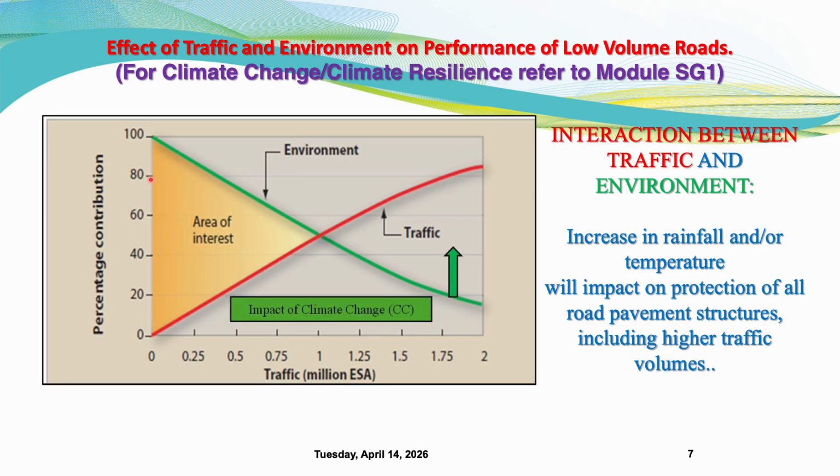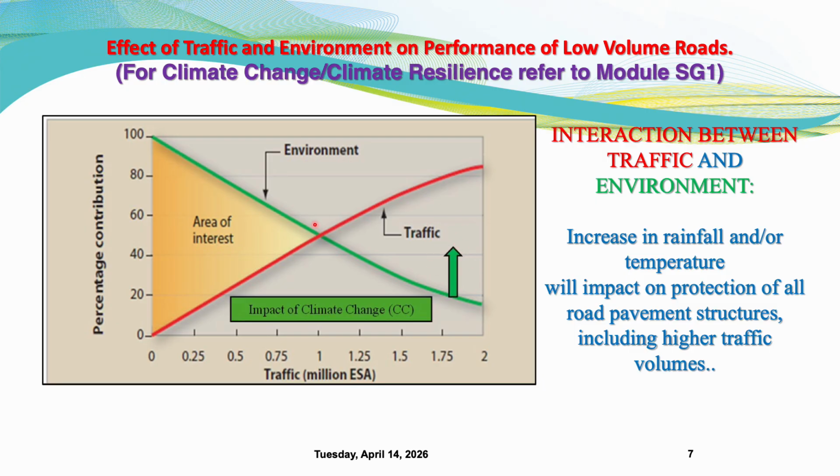So when the traffic increases, we need a stronger pavement. A stronger pavement means that you will have less effect of the environment on that pavement. With the climatic changes in Rwanda, temperature and humidity, the climate change impact might cause this green line to move up a bit.